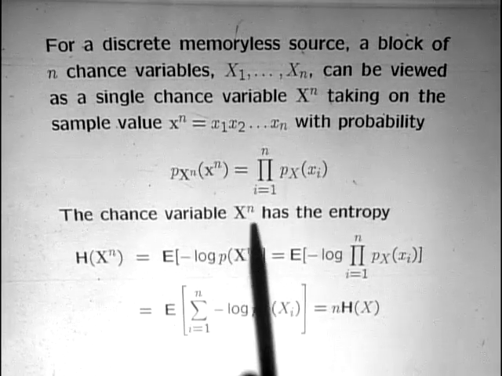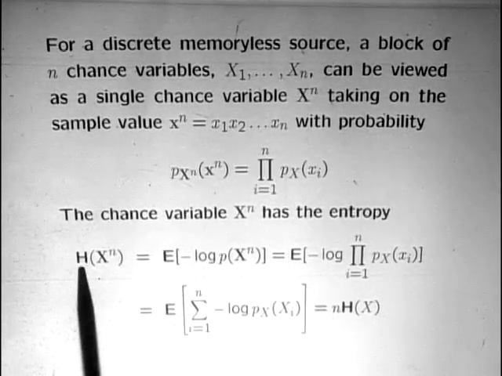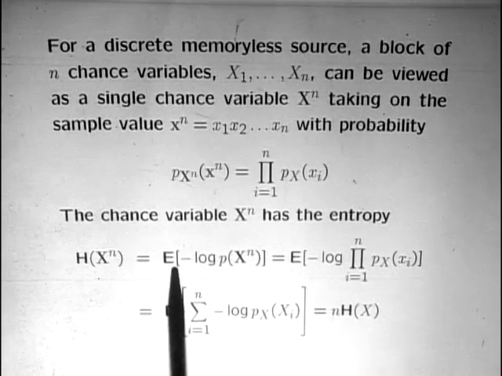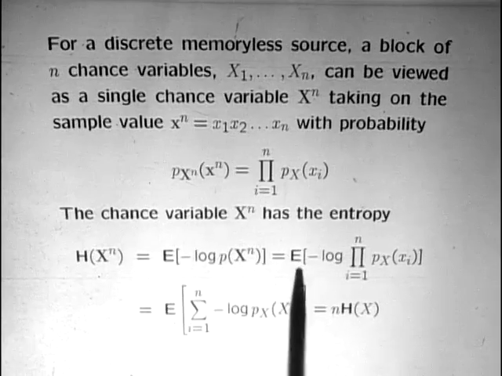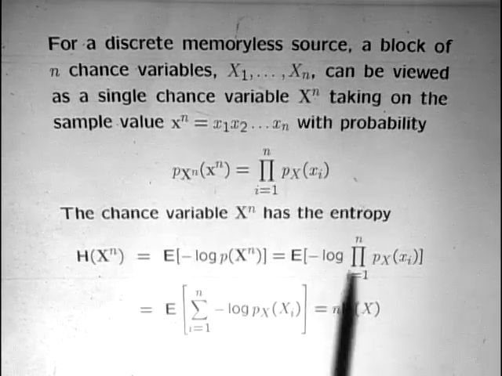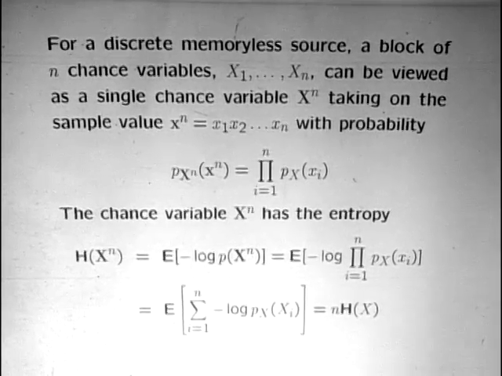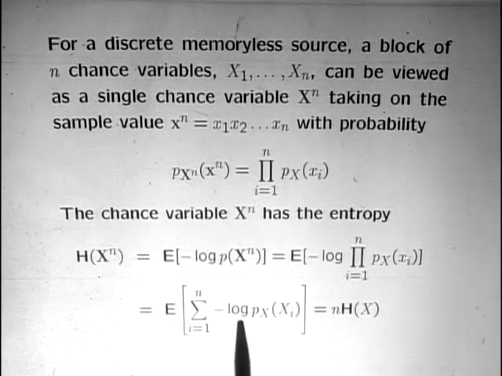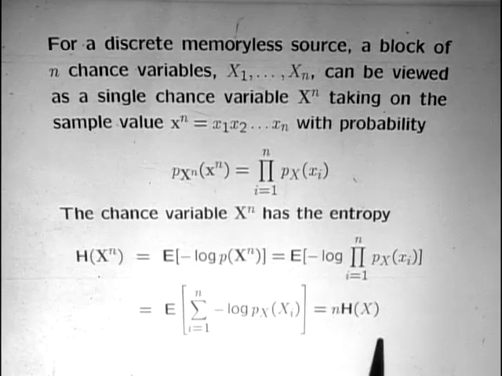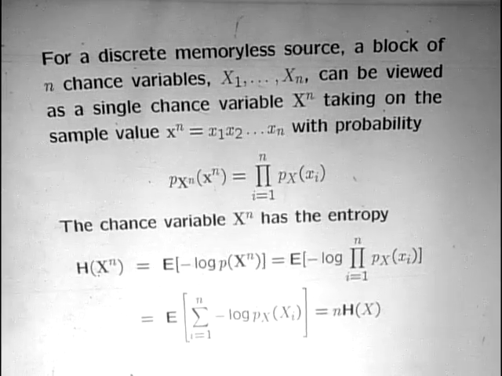So the chance variable x sub n has the entropy H of x^n, which is the expected value of minus the logarithm of that probability, which is the expected value of minus the logarithm of the product of probabilities, which is the expected value of the sum of minus the log of the probabilities, which is n times H of X. If you compare this with the previous slide, you'll see I haven't said anything new.